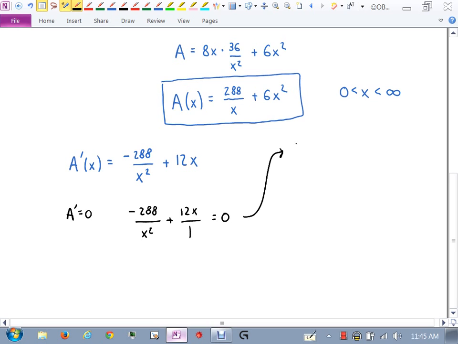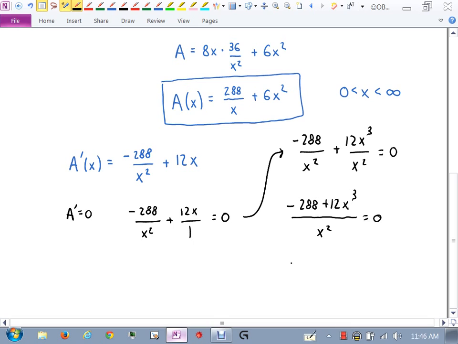You get negative 288 over x squared plus 12x cubed over x squared equals 0. Put them together, and then you just set the top to 0. You don't have to worry about the bottom, right? So negative 288 plus 12x cubed over x squared equals 0 means all you really have to do is set negative 288 plus 12x cubed equal to 0.